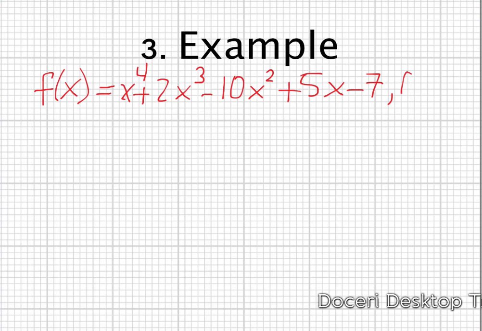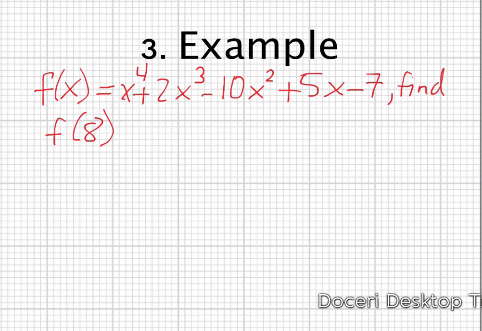And I want to find what f of 8 equals. Okay? Now, you can use direct substitution, where you substitute in 8 for x, or you can use synthetic division. Either one should get you the same answer.